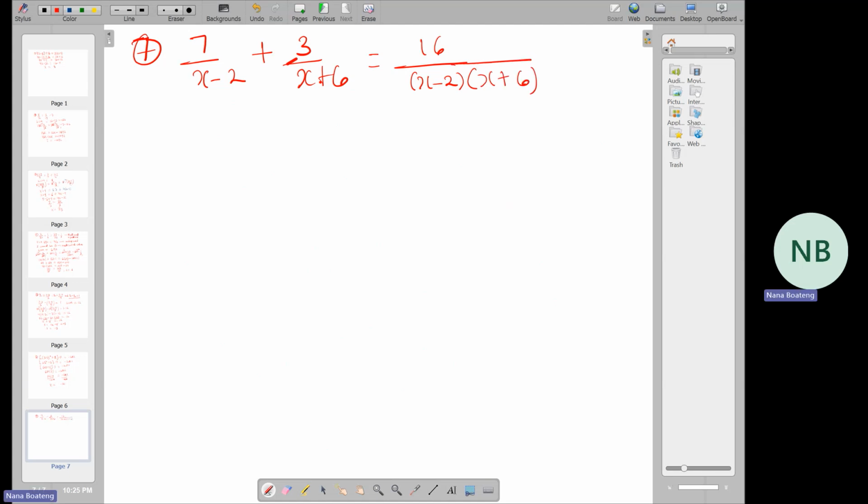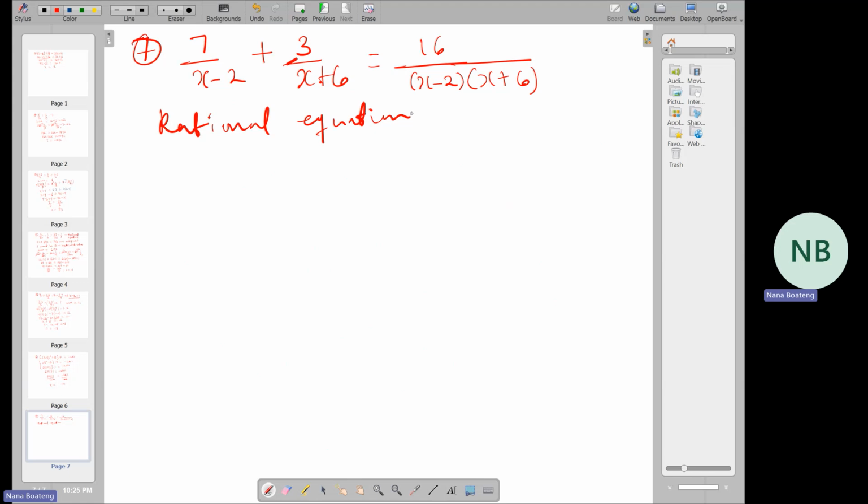All right, so this is an example of a rational equation like we've seen before. The denominator has x, a variable, in it.